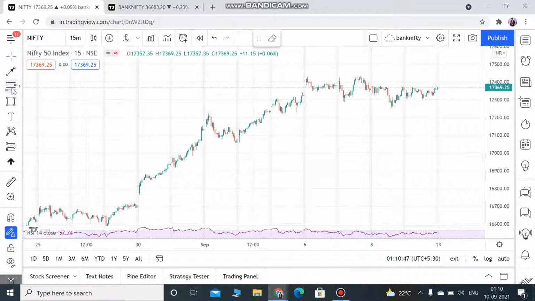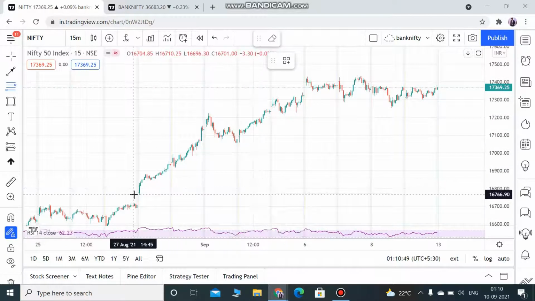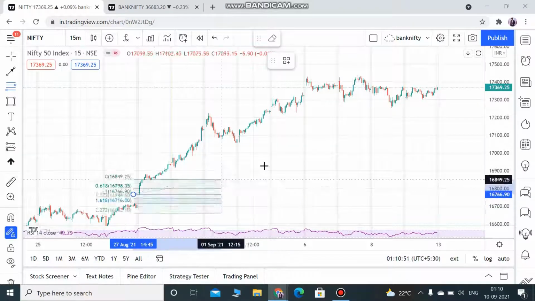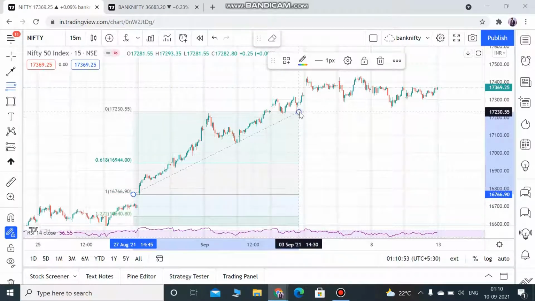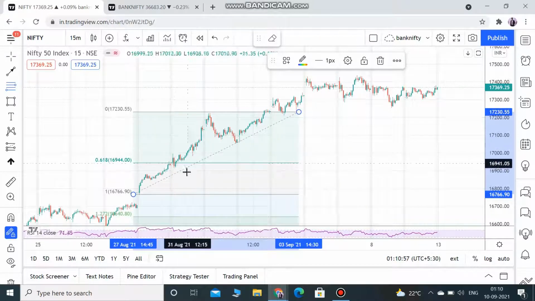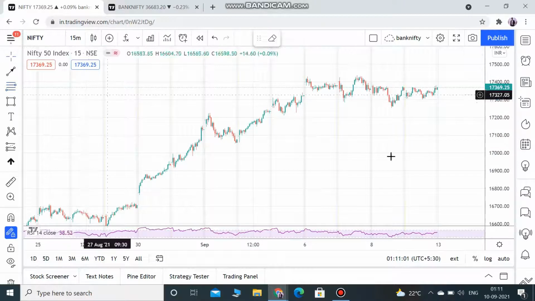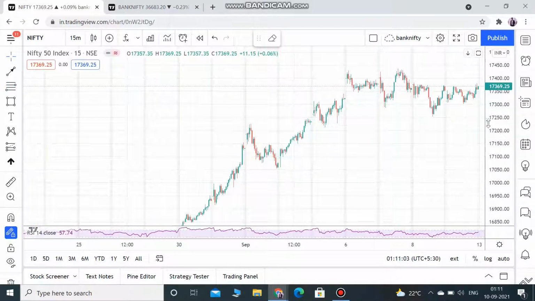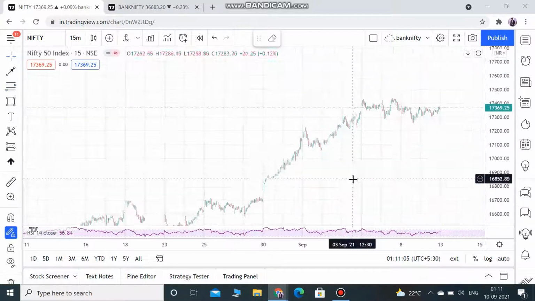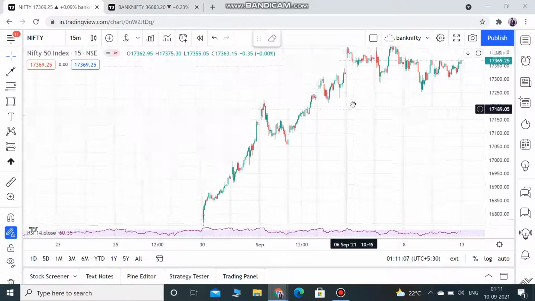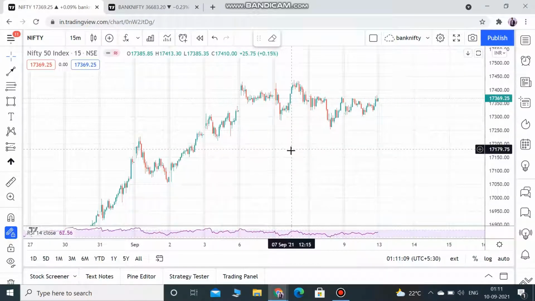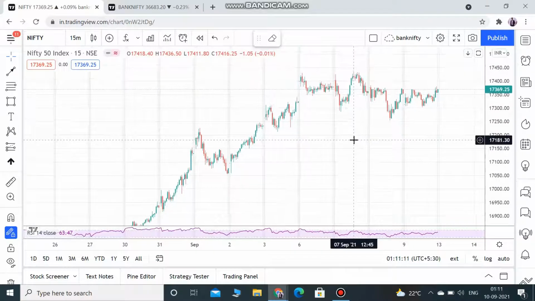If you are a pullback trader or you're trading with the trend, you basically expect some Fibonacci or some trend lines to break, or you expect this support or resistance to have a great pullback and then get into the trade. But since Nifty is going to all-time highs nowadays, people are facing a lot of problems.